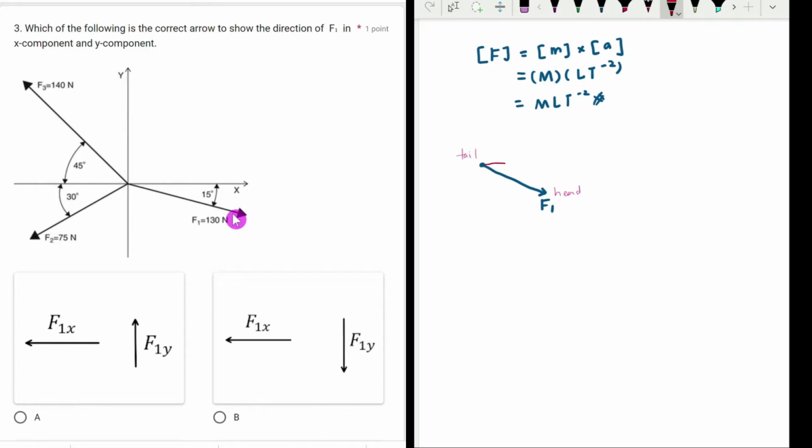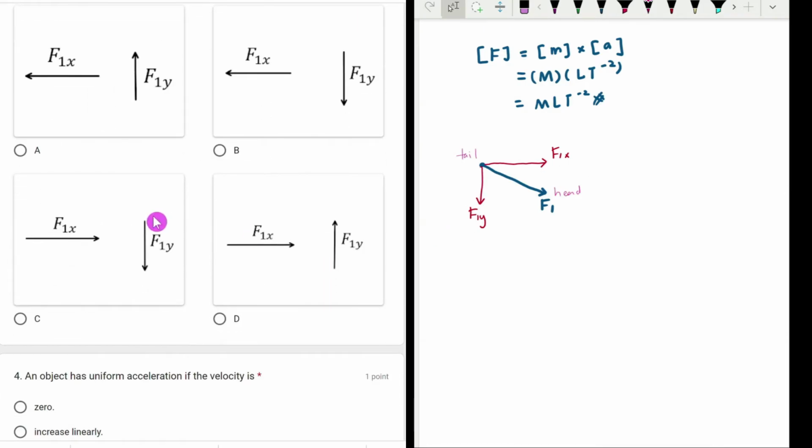Okay, kita pergi ke arah head dia. So this is F1X, and then from the tail we move downward. Okay, towards the head of the arrow. So this is F1Y. Okay, so means that F1X is to the right and F1Y is downward. Okay, so jawapan mana yang betul? So the answer is C.